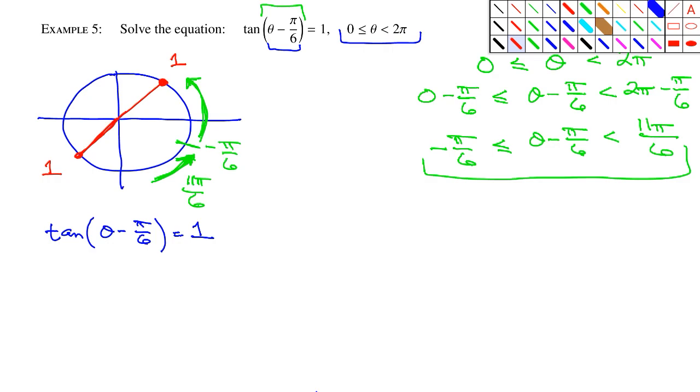So those angles are pi over 4 and 5 pi over 4. So let's set that up. Theta minus pi over 6 is equal to pi over 4. And over here, theta minus pi over 6 is equal to 5 pi over 4.